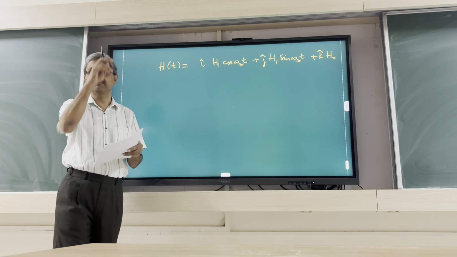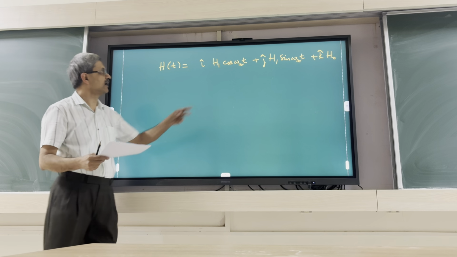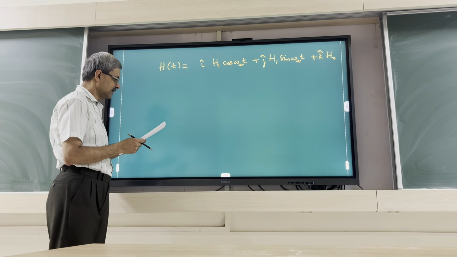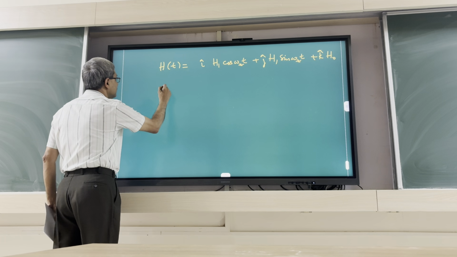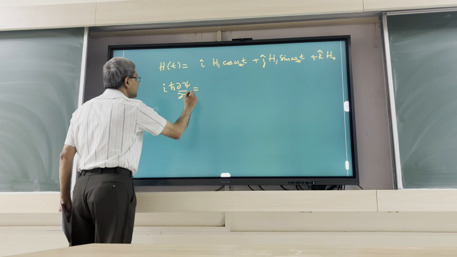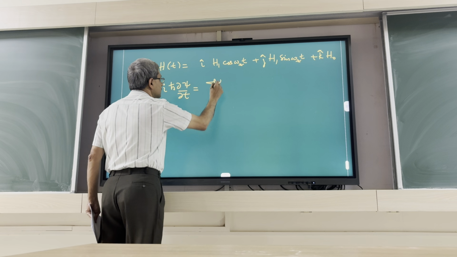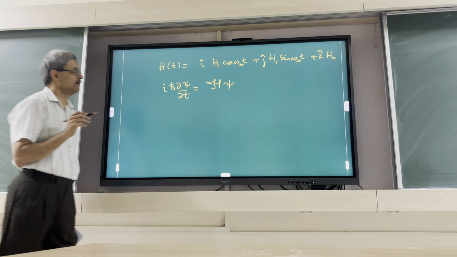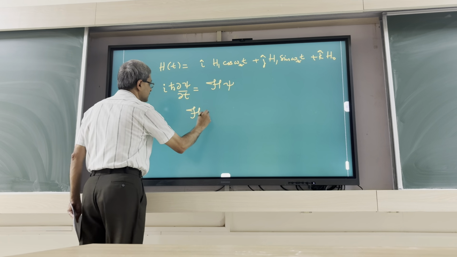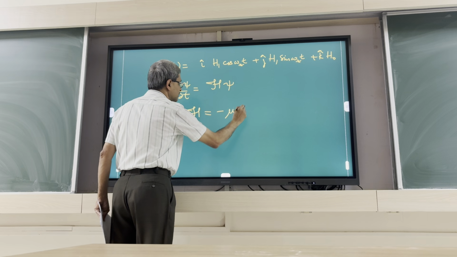So you have a Z field, and then you have the RF field in the XY plane. Okay, and then you have I h bar del psi del t is the Hamiltonian acting on the wave function, and then the Hamiltonian is of course minus mu dot H.